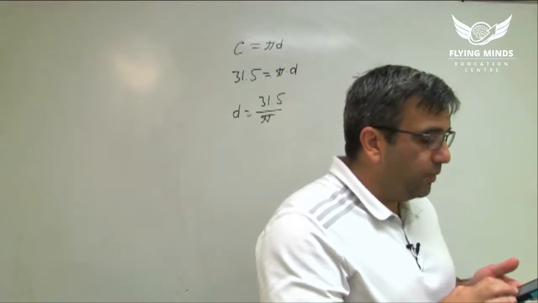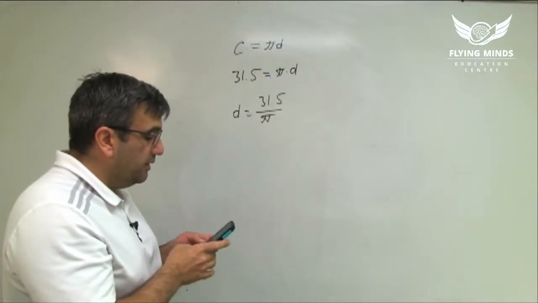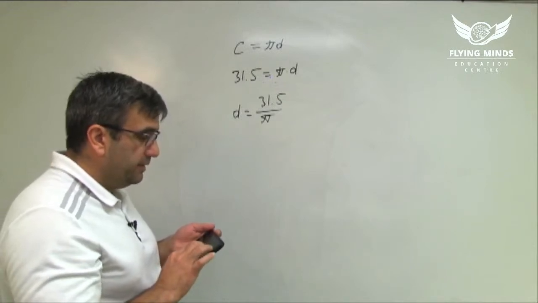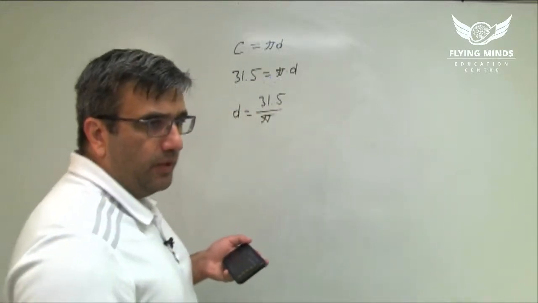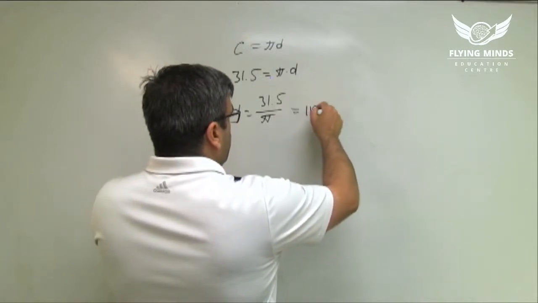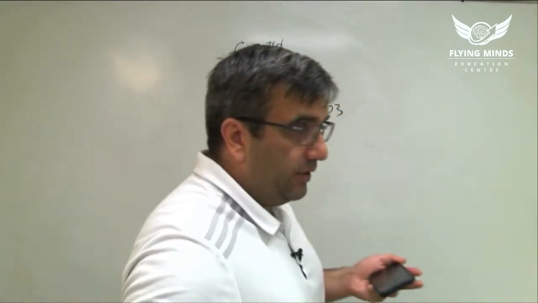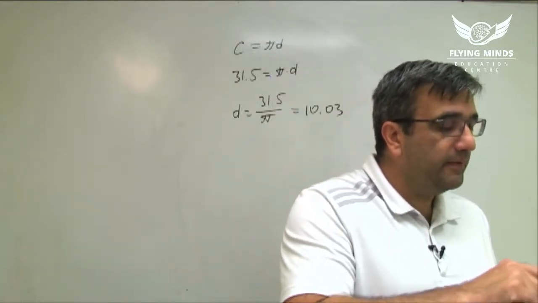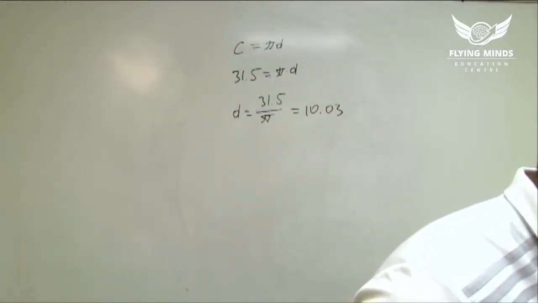Okay, so if we calculate 31.5 divided by pi, to the nearest tenth of a centimeter, we're getting 10.03. Okay, 10.03. This is the diameter.